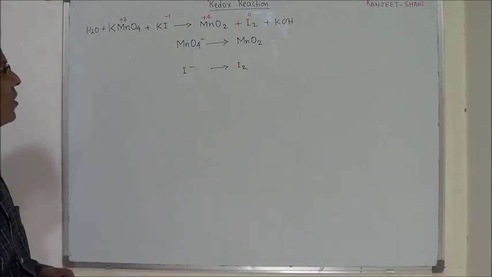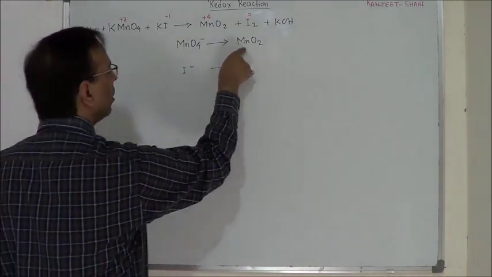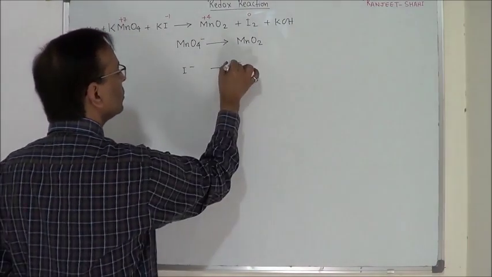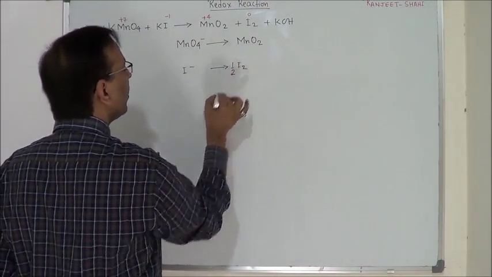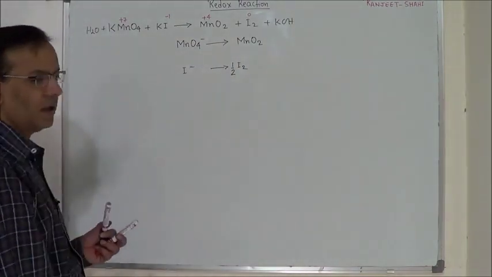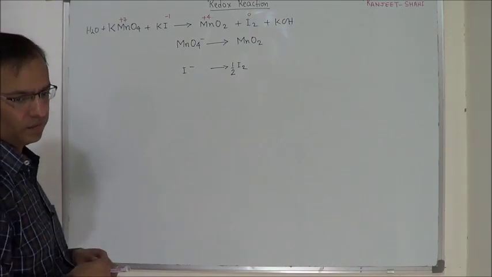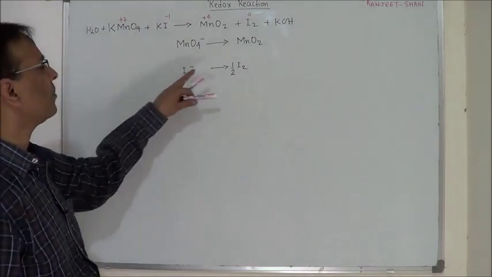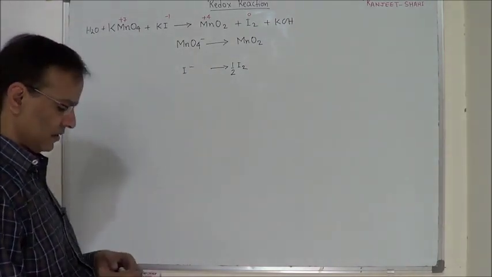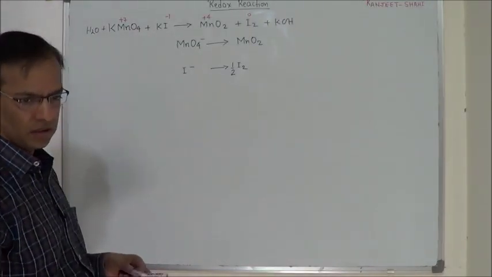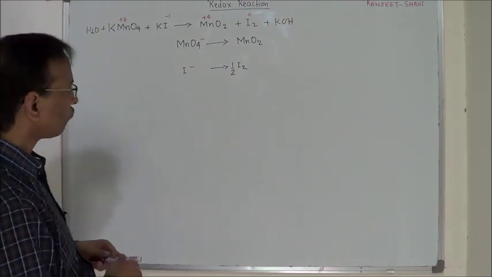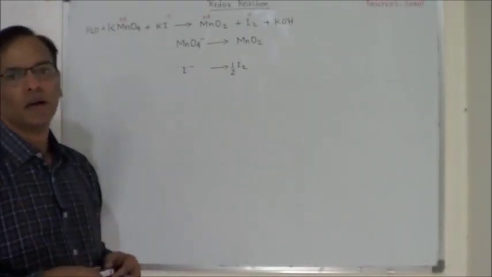Balance the element other than hydrogen, oxygen. Manganese 1, already balanced. Iodine 1, so better you balance for 1 unit of oxidizing and reducing agent. It could also be done by multiplying here by 2, but better I maintain 1 on this side. That will help us in later discussion also. Oxidation number.